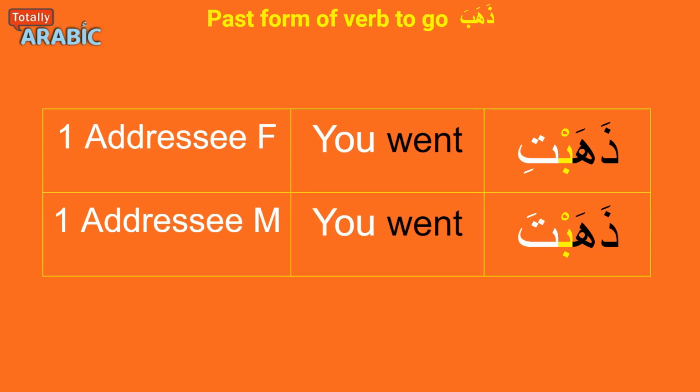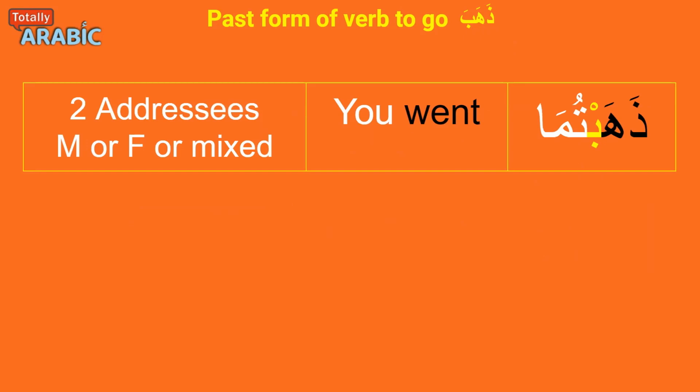If the person I'm talking to is male, so one addressee and male, you went, ذهبتَ. You becomes either ta with fatha for masculine or ta with kasra for feminine. If you notice here, this does not change. So keep that in mind. And this rule applies to all the verbs that have fatha, fatha, fatha.